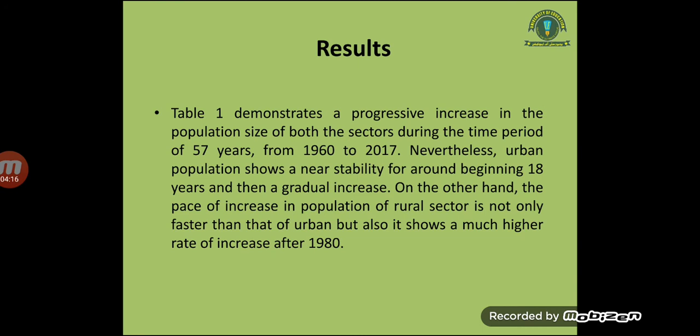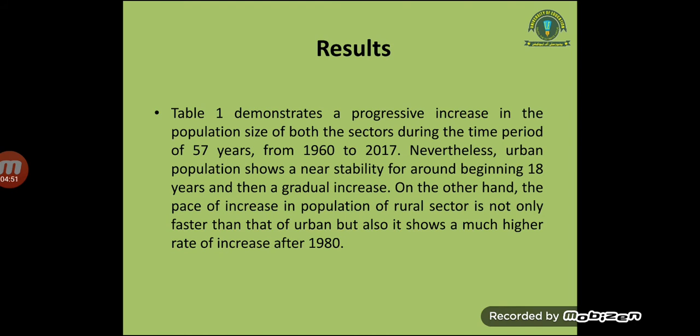Results. Table 1 demonstrated a progressive increase in the population size of both these sectors during the time period of 57 years from 1960 to 2017. Nevertheless, urban population shows a near stability for around the beginning 18 years and then a gradual increase.